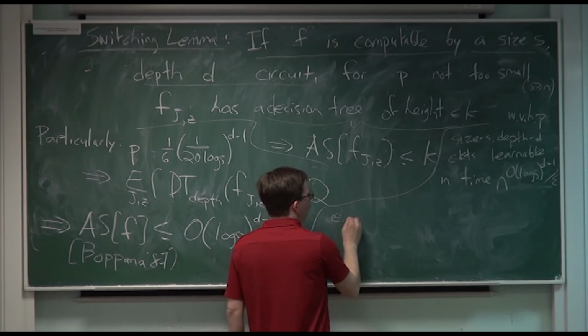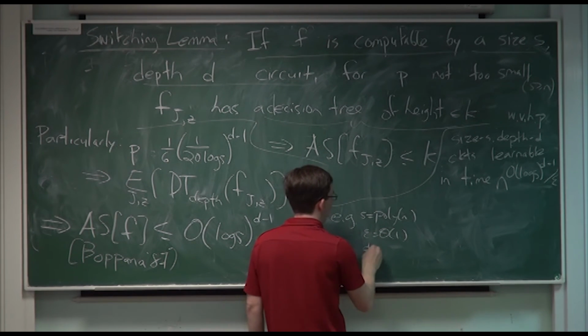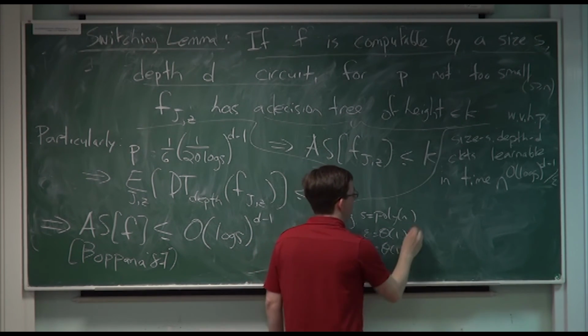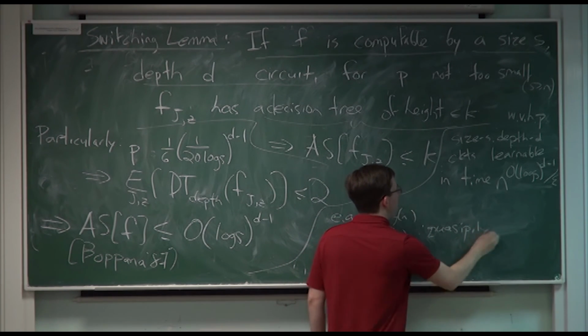So for example, if s is poly n, and epsilon is constant, and d is constant, this is quasi-polynomial time. Okay, which is pretty good.